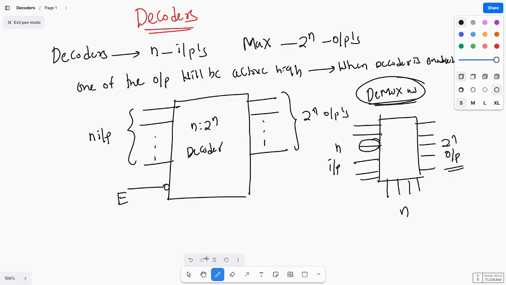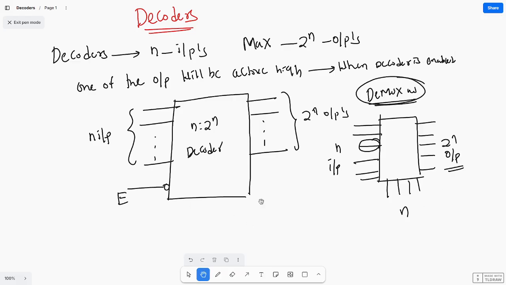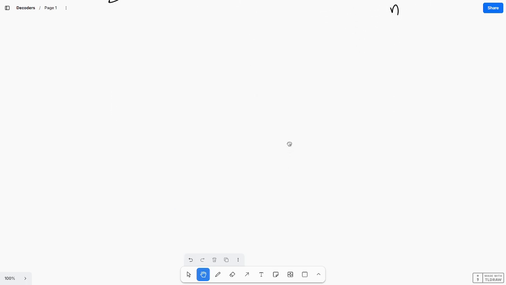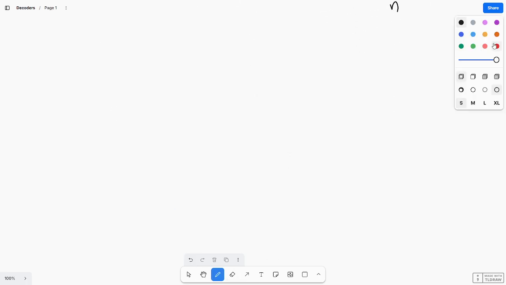First we'll see the active high enable 2 to 4 decoder.